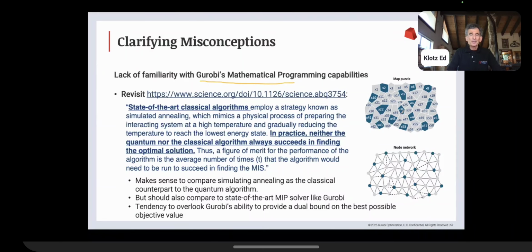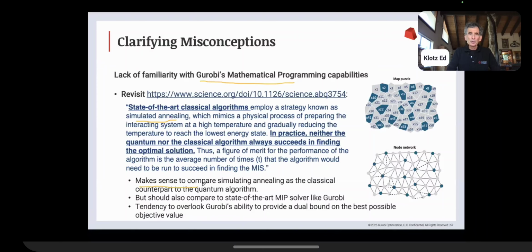If you go back to this article that is saying that quantum was really good for these max independent set problems, it talks about simulated annealing as the state-of-the-art classical algorithm. And there's no mention of branch and bound or consideration of it.